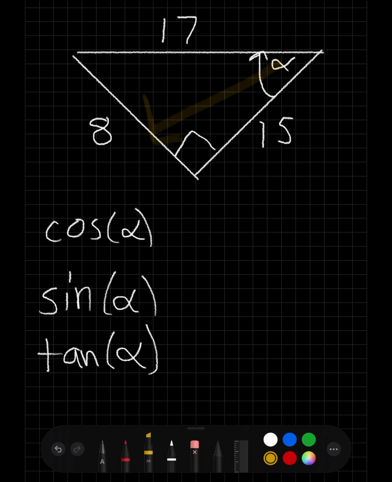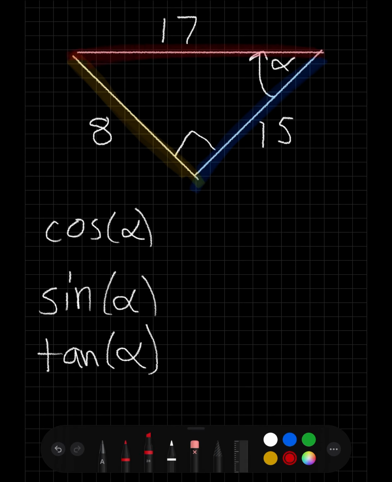I would cast my light on that opposite side. That's kind of how I know what the opposite is. So what I've highlighted in yellow there is the opposite. And then the remaining leg is the adjacent. And the longest side is always the hypotenuse. So that's how I'm going to use that information to figure this out.